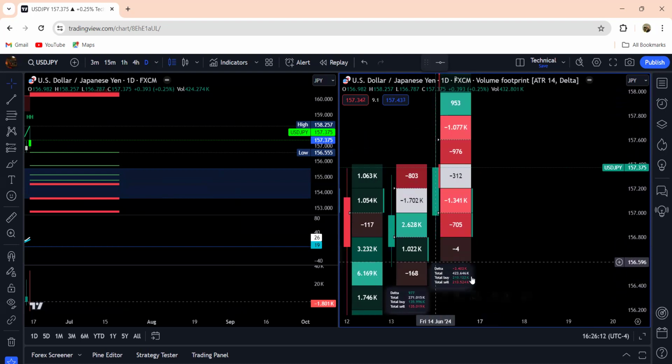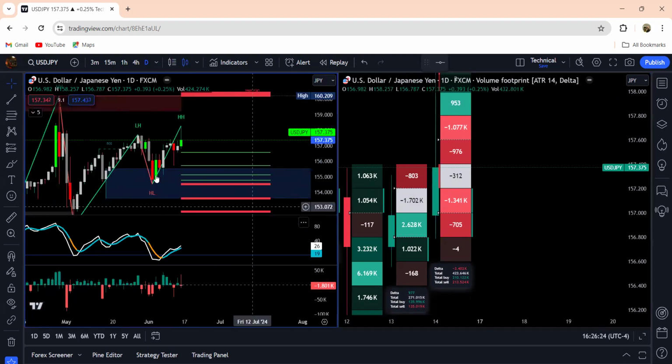We have more selling volume in this candle than buy volume. So that tells us there's a possibility in the near future we probably will get that reversal, so we wait for those setups in order to enter the market.